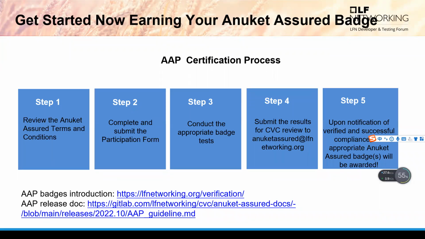Now AAP has 5 steps to earn the badge. In the first step, you review the application assurance terms and conditions to get familiar with the program. Then, if you want to apply for the AAP badge, you should complete and submit the participation form.